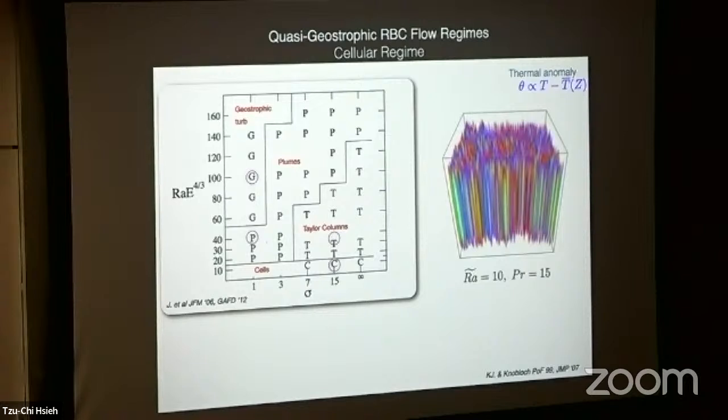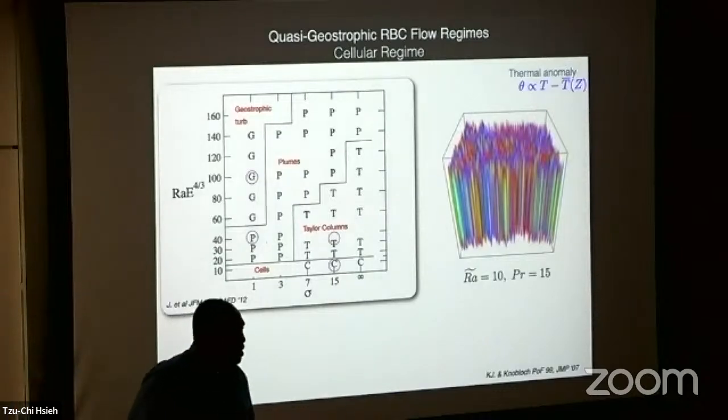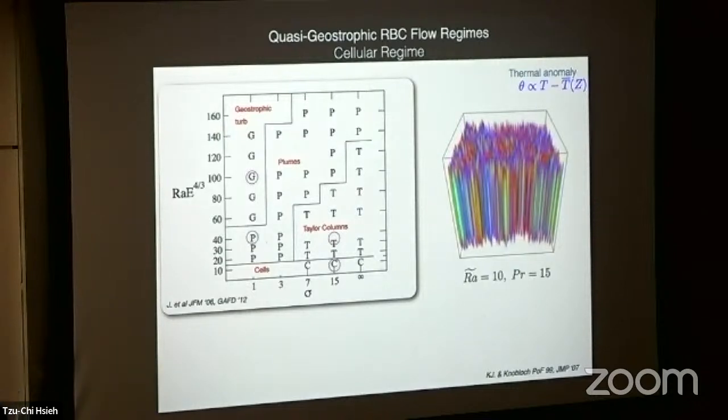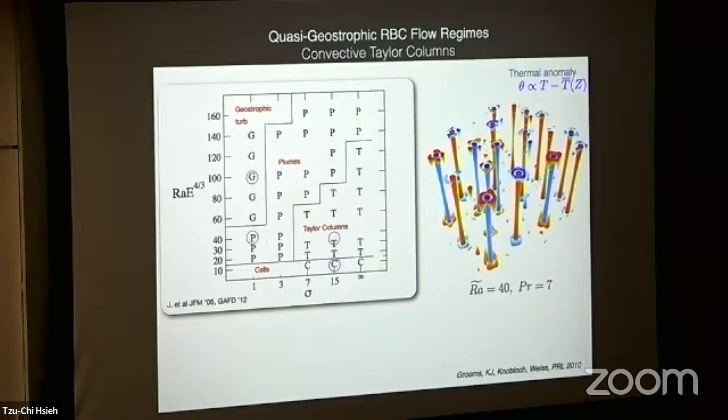Okay, so as we increase the Rayleigh number, the fluid is mixing and it's trying to build an isothermal interior and thermal boundary layers. As you increase this further, something quite striking happens to the fluid flow.